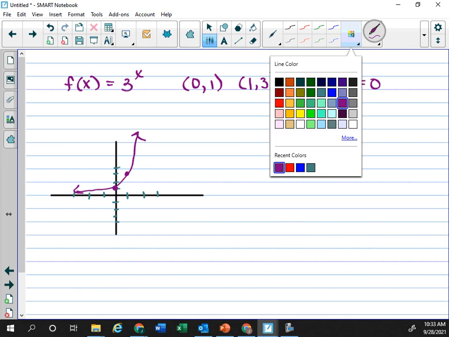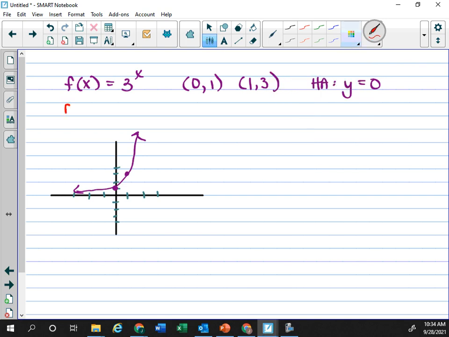So now let's look at a log graph. f of x equals log base 3 of x. I'm intentionally going with the same bases here to graph these two.